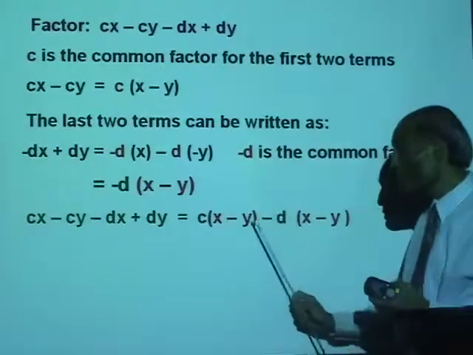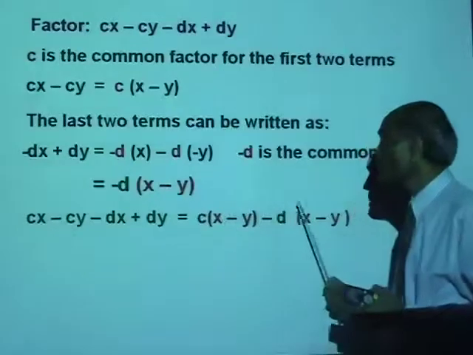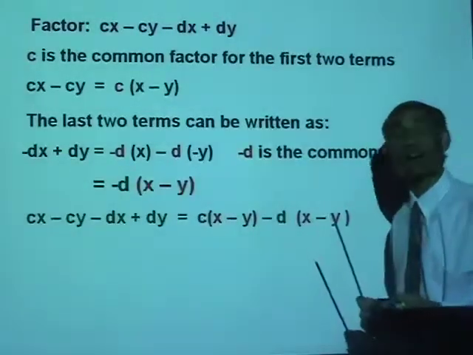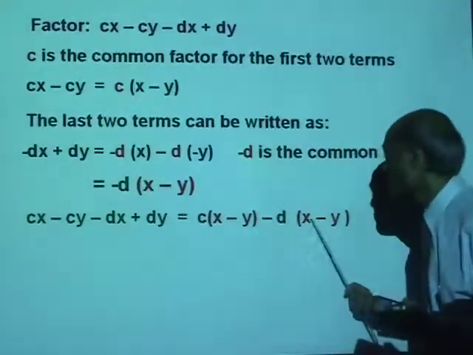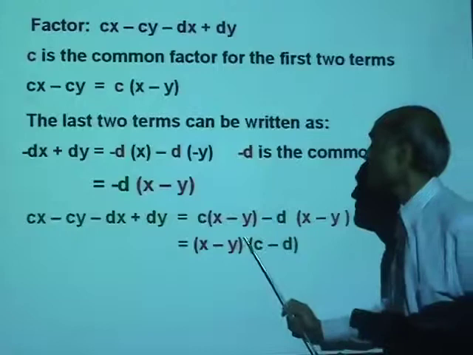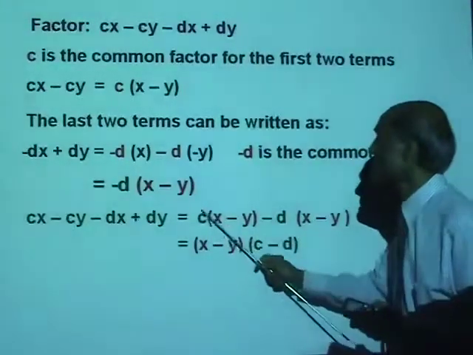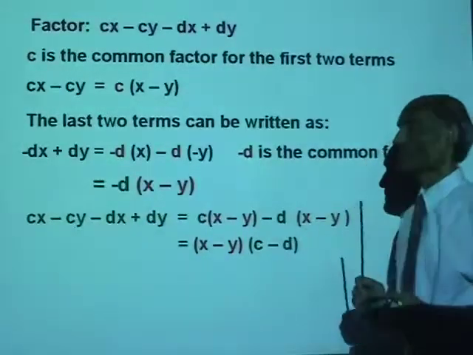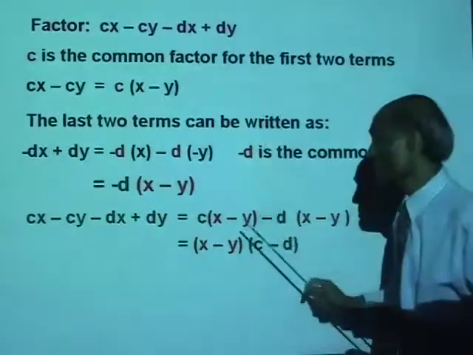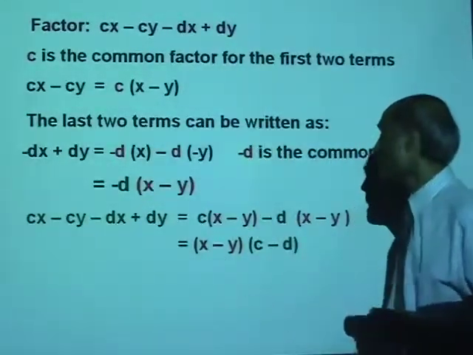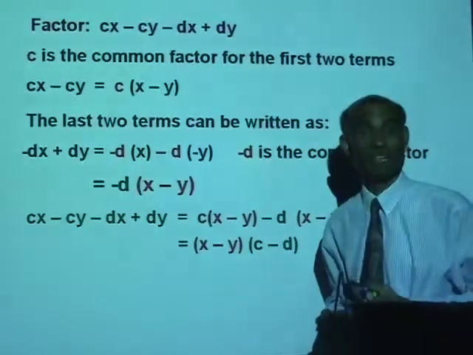We have now produced a common factor, x minus y in the first term, also x minus y in the second term. We can factor that out. Let's factor x minus y out. What is inside the parenthesis? C minus d. Therefore, factoring this algebraic expression gives you x minus y times c minus d. Isn't that beautiful? Yes, indeed.